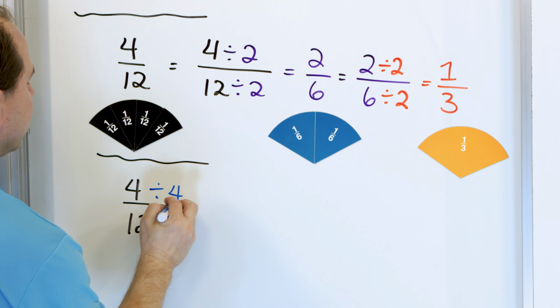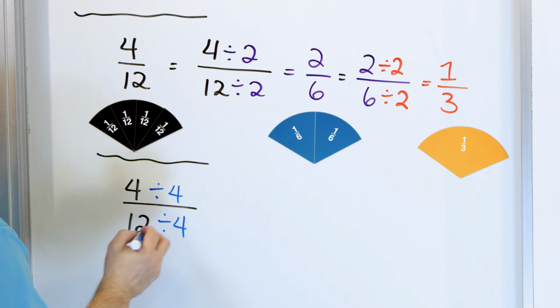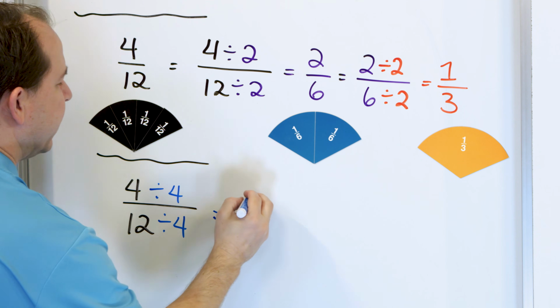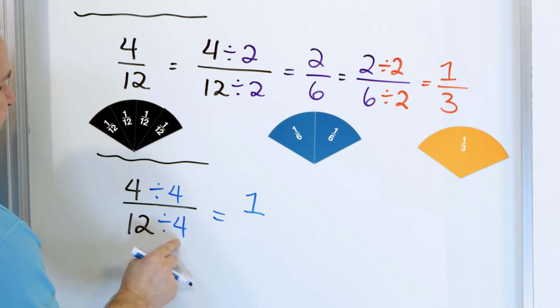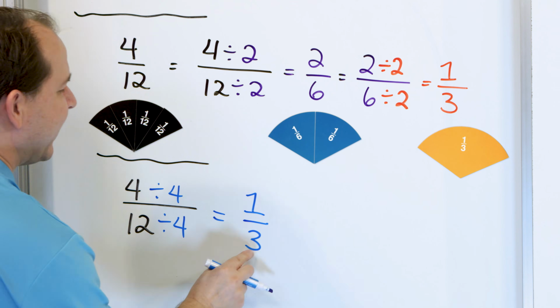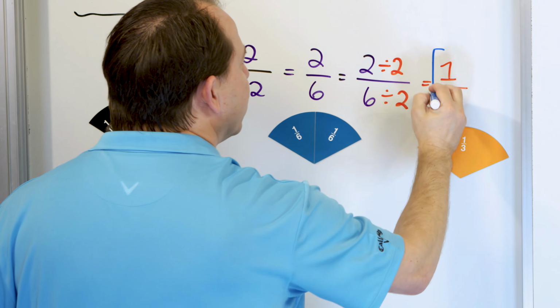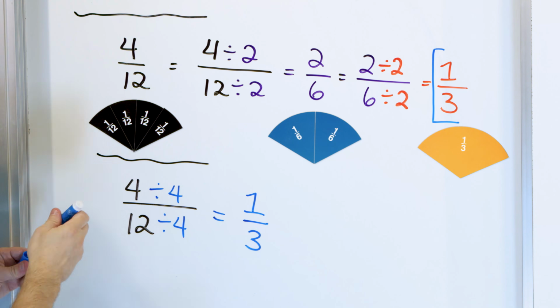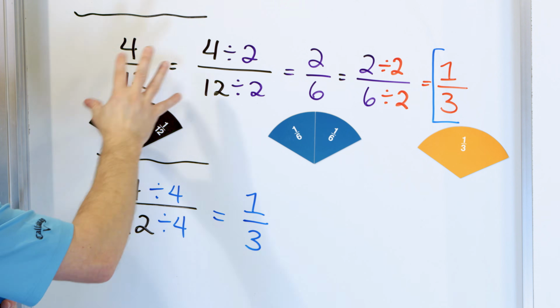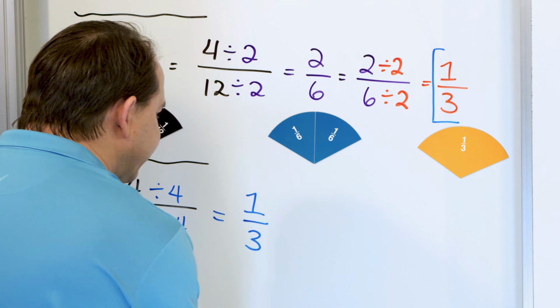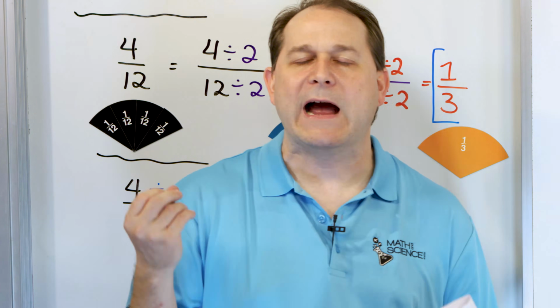Divide top by 4, divide bottom by 4. What will I get? 4 divided by 4 is 1, and 12 divided by 4 is 3. Notice I get exactly the same answer. 1/3 is the final answer to this problem, and I get the same answer no matter how I simplify the problem. So here's the bottom line when you're simplifying fractions.